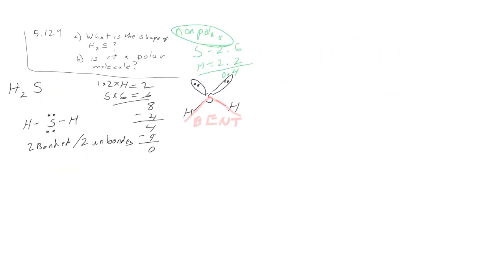There is an electronegativity difference between sulfur and hydrogen, right? Sulfur and hydrogen have different electronegativity values. And while those values are very, very close together, so close together that they can play nicely, 2.6 is slightly a bigger kid, right? So it's probably going to get to play with the basketball a little bit more.